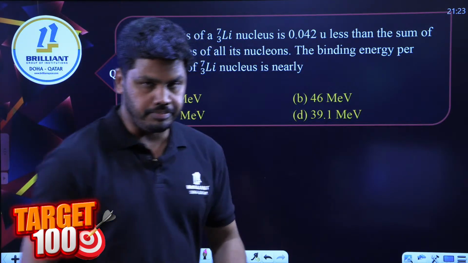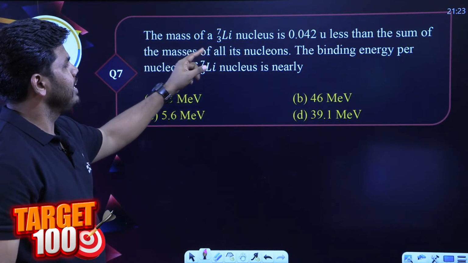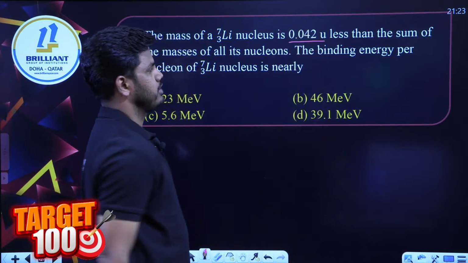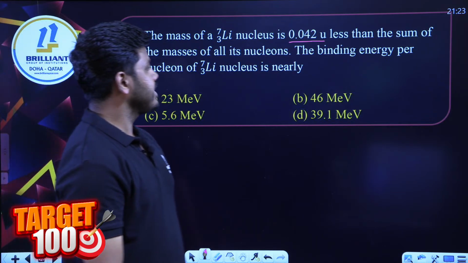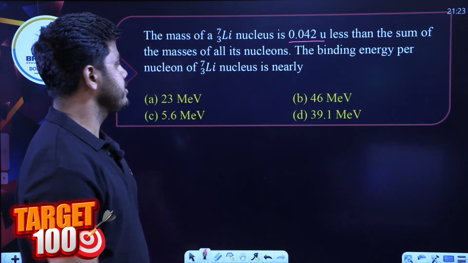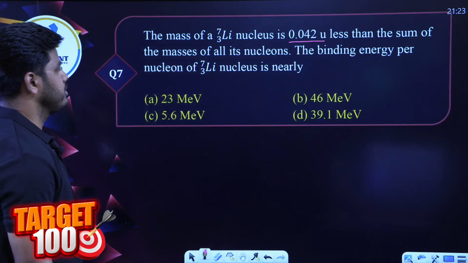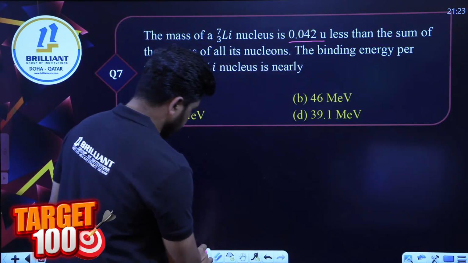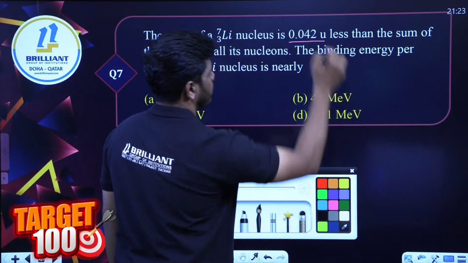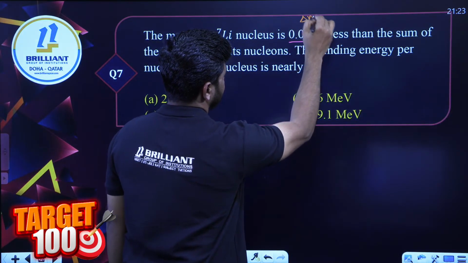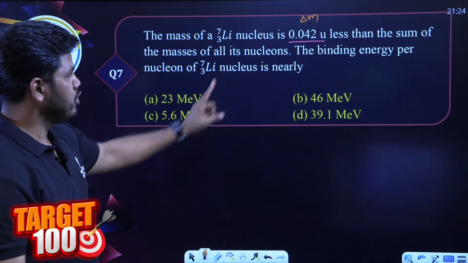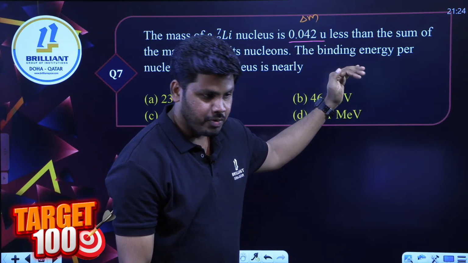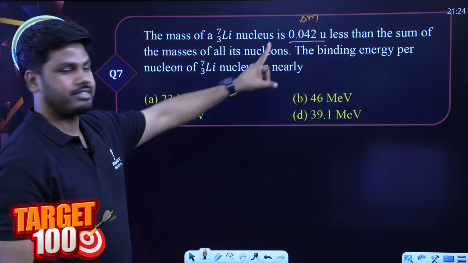Question number 7. You are given that the mass of a lithium nucleus is 0.042 atomic mass unit, where u stands for atomic mass unit, less than the sum of the mass of all its nucleons. Binding energy per nucleon of this nucleus is nearly? We have to find the binding energy of that nucleus using this delta M. As I told you in the previous question, if you know the mass defect in atomic mass unit, there is an easier way of finding binding energy.